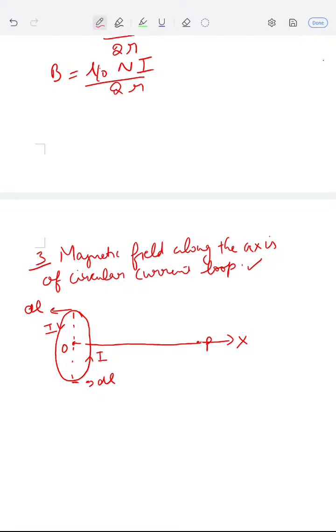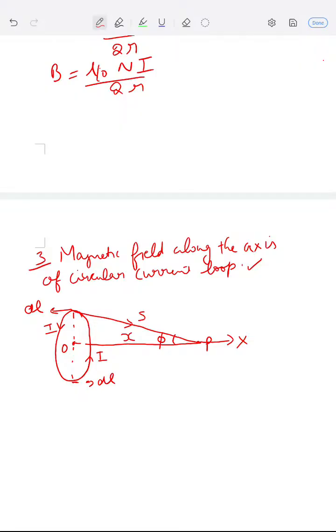From that point the distance is s, and the distance is x here from the center point O. The angle made from this is phi.